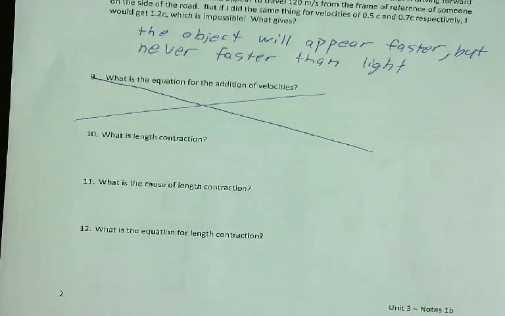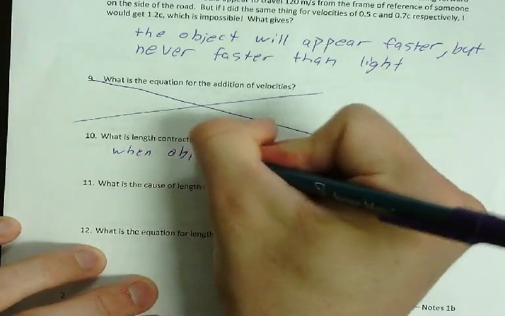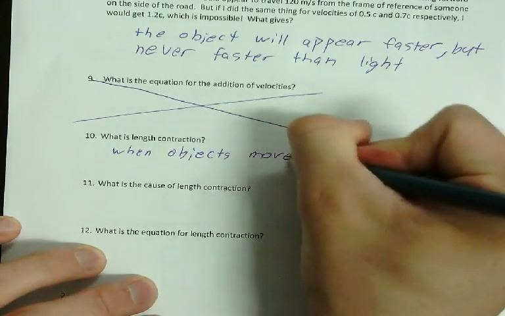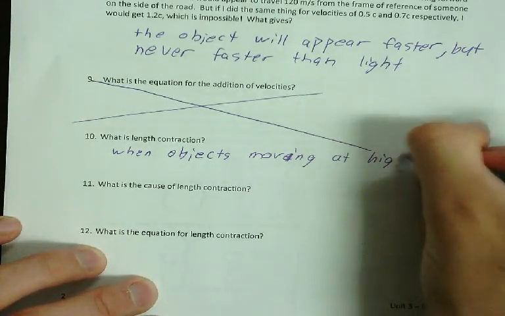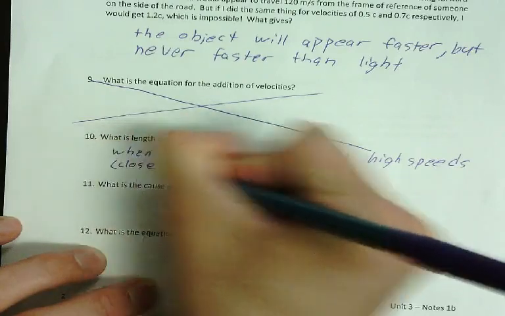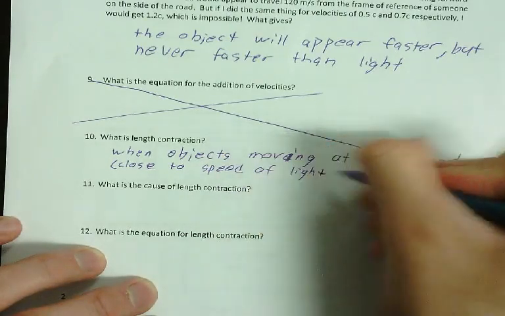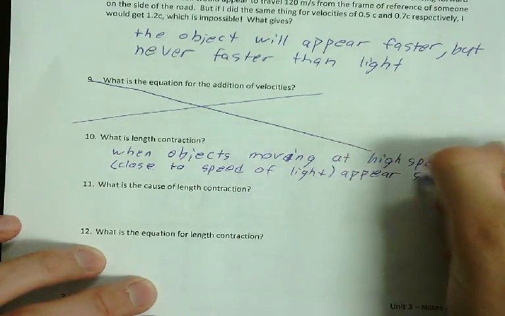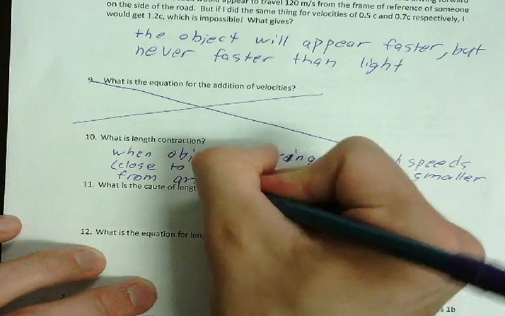What is length contraction? So length contraction is when objects moving at high speeds, so again, we're talking about close to the speed of light, appear smaller from an outside frame of reference.